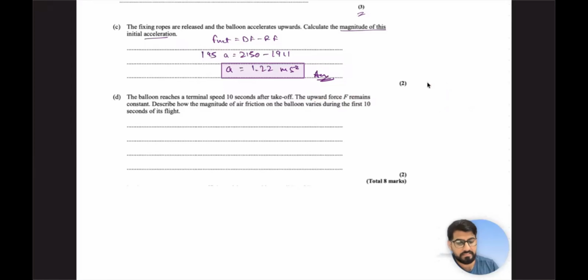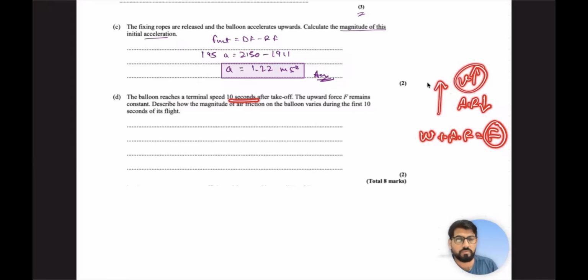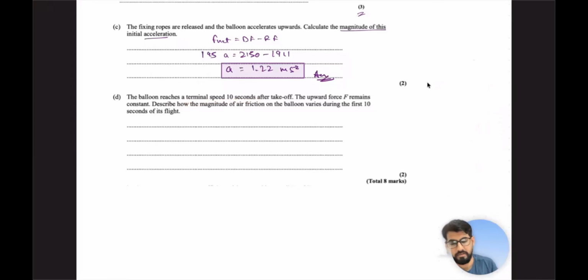And after 10 seconds, as the balloon is accelerating upward, its velocity increases. With increase in velocity, the air resistance acting downward also increases. As a result, after 10 seconds, the weight plus air resistance will be equal to the upward force acting on the balloon. As a result, the net force becomes zero, acceleration becomes zero, and it achieves a terminal speed.